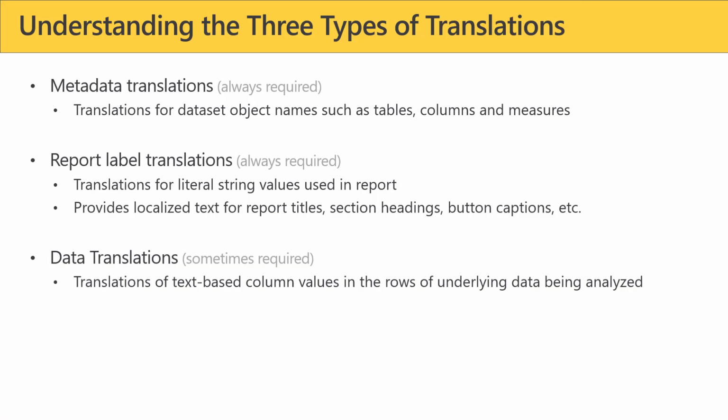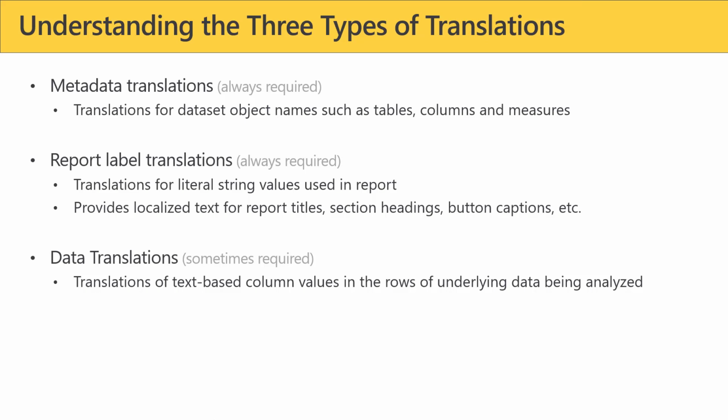And then finally, we have data translations that are sometimes but not always required for you to implement. But the idea is that these are translations of text-based column values in the rows of the underlying data. For instance, product names, category names. If you have a report that displays in 4 different languages, do you want to translate product names into all 4 languages?